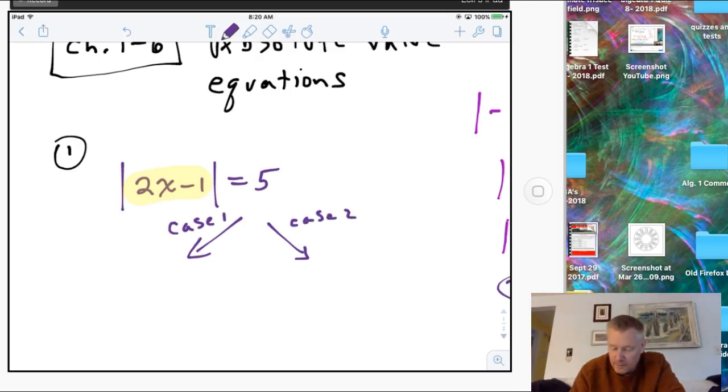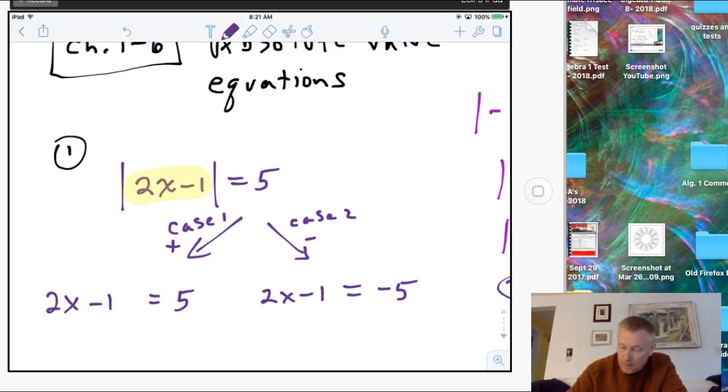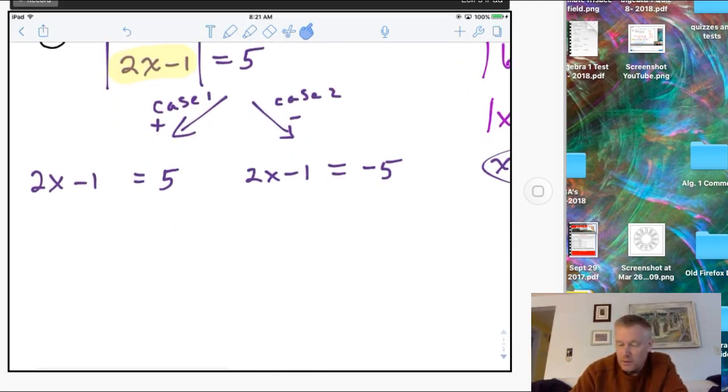Case 1 will be the positive answer. Case 2 will be the negative answer. So it's either 5 or it's -5, the positive or the negative. Change those to plus and minus. Case 1 is the plus, case 2 is the negative. But now what's going to be equal to 5 is the 2x minus 1 on both of them. So those are my two equations that I'm now going to solve.